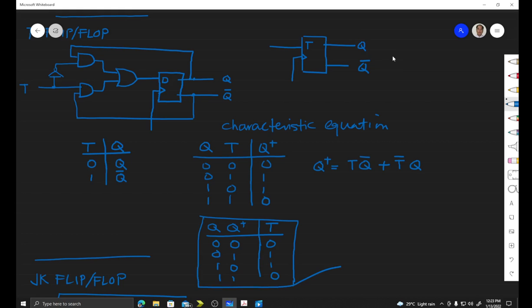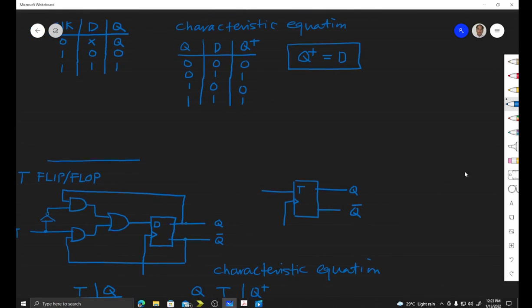Then let's go back to the D flip-flop. The excitation table for the D flip-flop has our present state Q, Q plus, then D. To get the input for our D flip-flop, we have the combinations 0 0, 0 1, 1 0, 1 1.